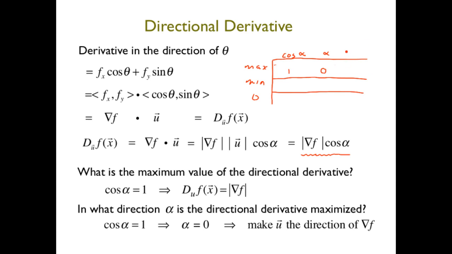So we do direction, and then we'll say rate of change. What's the direction? Direction is the direction of the gradient. And then what rate of change do we get when we do that? When cosine of alpha is 1, the value of the directional derivative is the magnitude of the gradient.